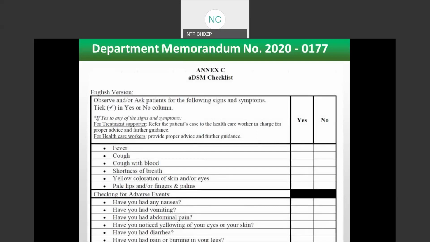Observe and or ask patients for the following signs and symptoms. Just mark it with a check whether it is applicable or not. If it's applicable, yes. If not, no. So just ask the patient what he or she is experiencing.